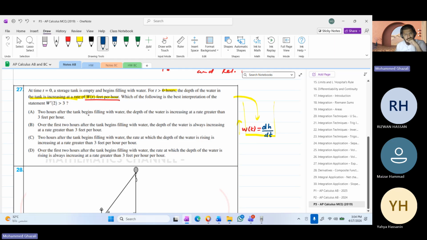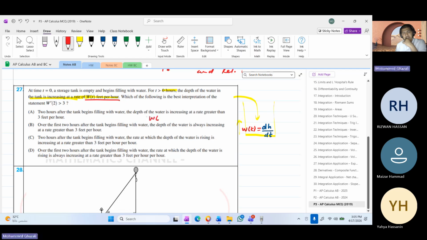Two hours after the tank begins filling with water, the depth of the water is increasing at a rate greater than 3 feet per hour. But we already know that it's increasing.